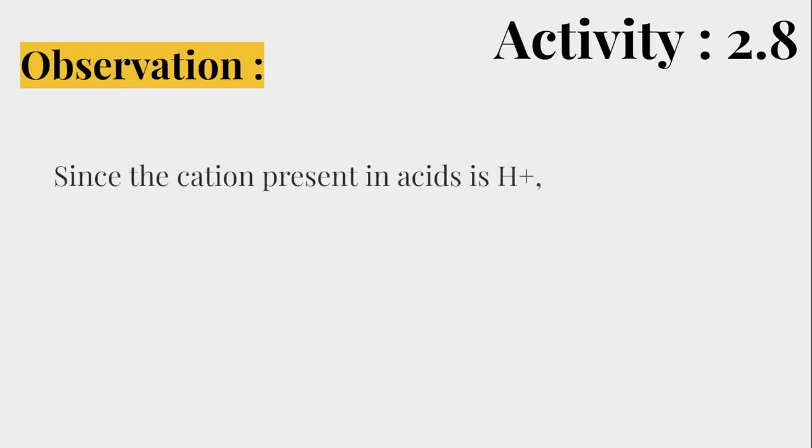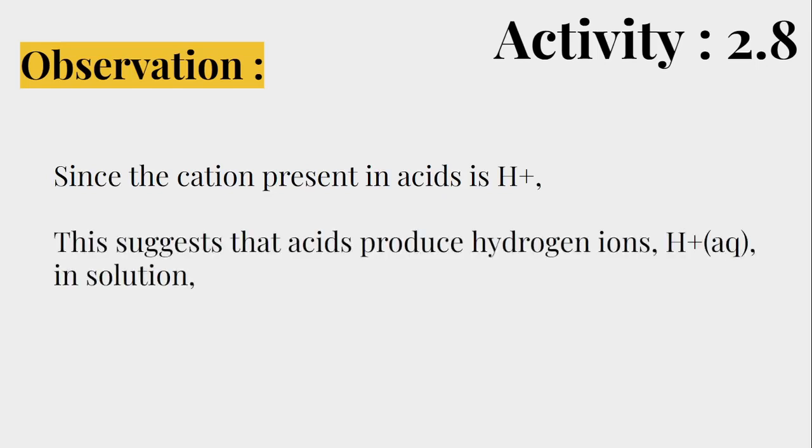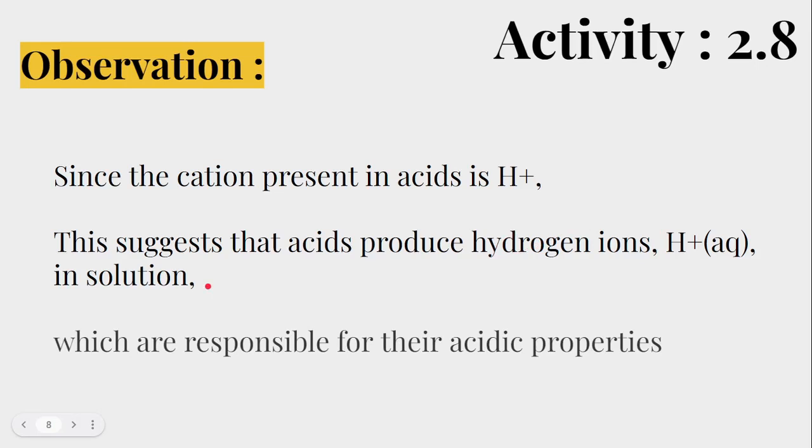Since the cation present in acids is H+, this suggests that acids produce hydrogen ions, H+(aq), in solution. So acids produce hydrogen ions in the solution, which are responsible for their acidic properties.